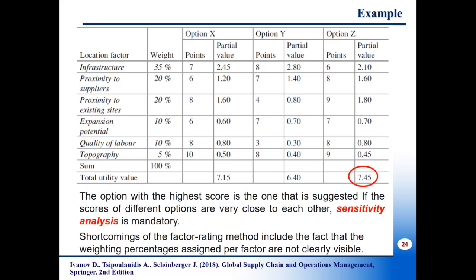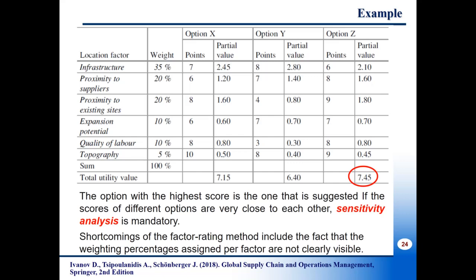Expansion potential and quality of labor share the same weight at 10%, but topography has the least weight compared to the others at 5%. For each option X, Y, or Z, a panel of experts evaluate and give points to each of those factors.